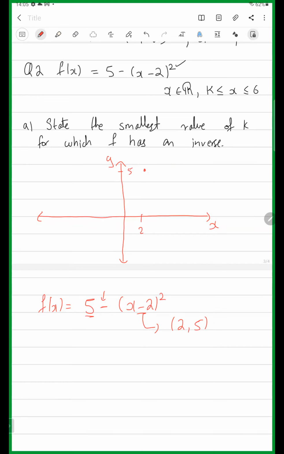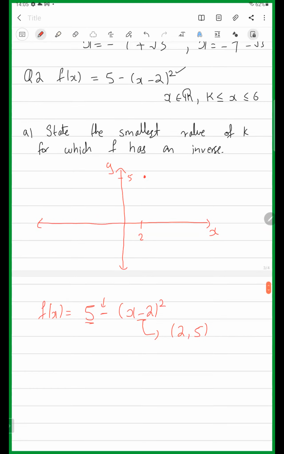This would be the turning point, and then I'm just going to make a rough sketch of the graph, because the question was not to sketch the graph. The question is just to find the smallest value of k for which f has an inverse. Okay, and then one last thing, this is my domain.